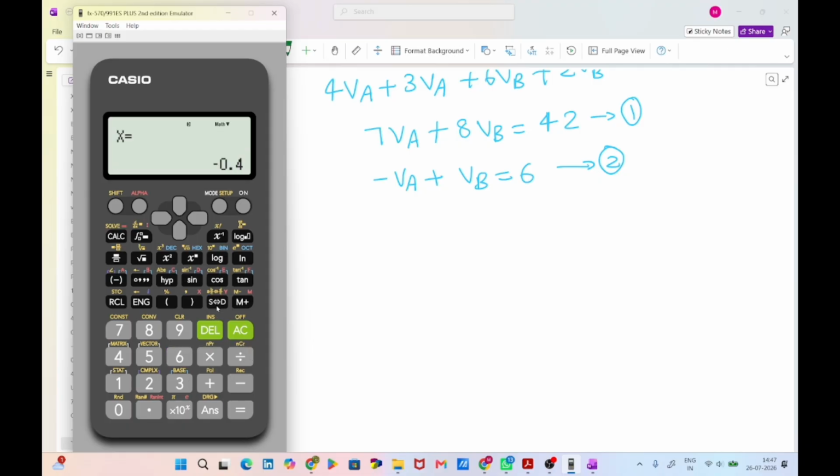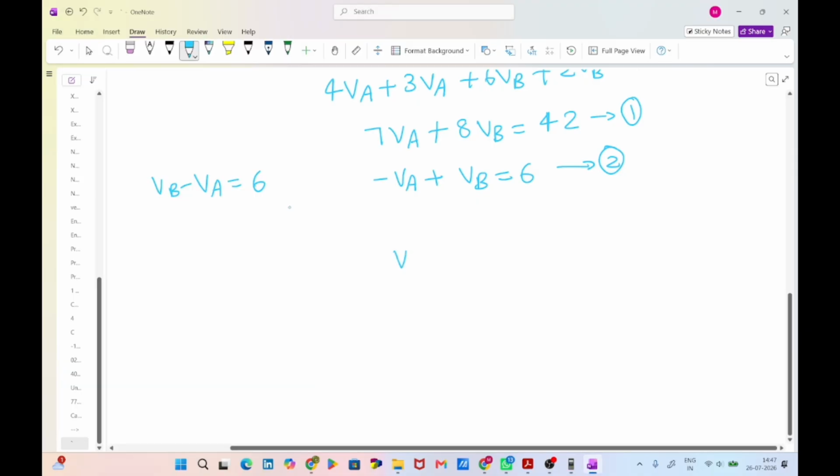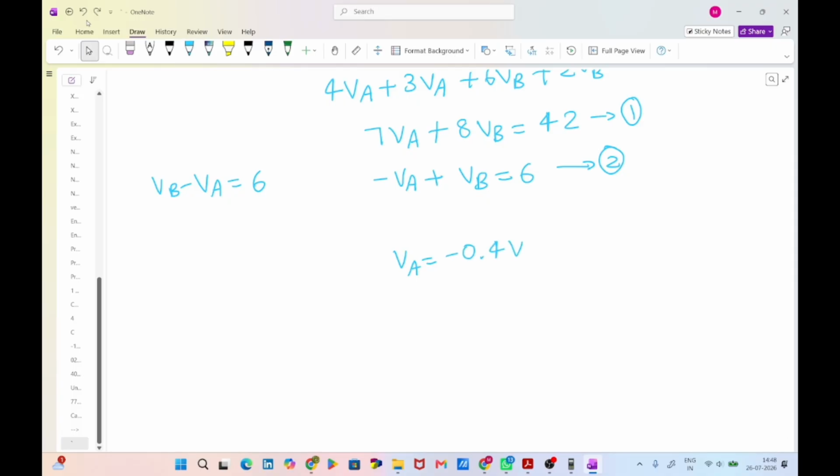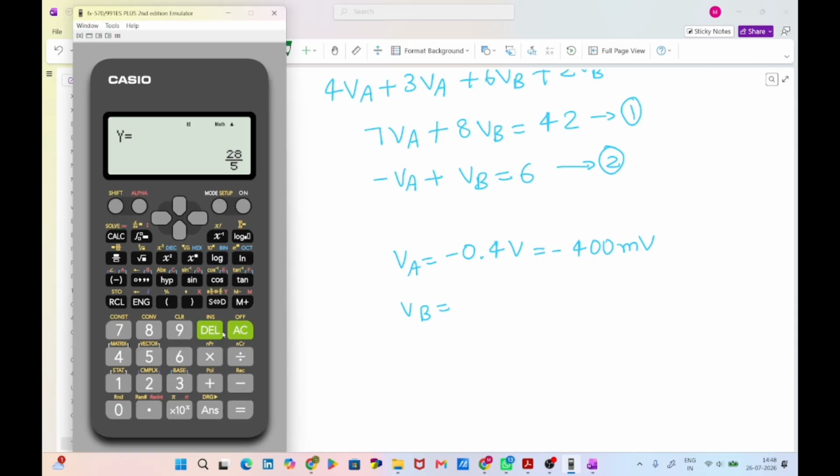VA comes as minus 0.4 volt, which is minus 400 millivolt. Then VB is equal to 5.6 volt.